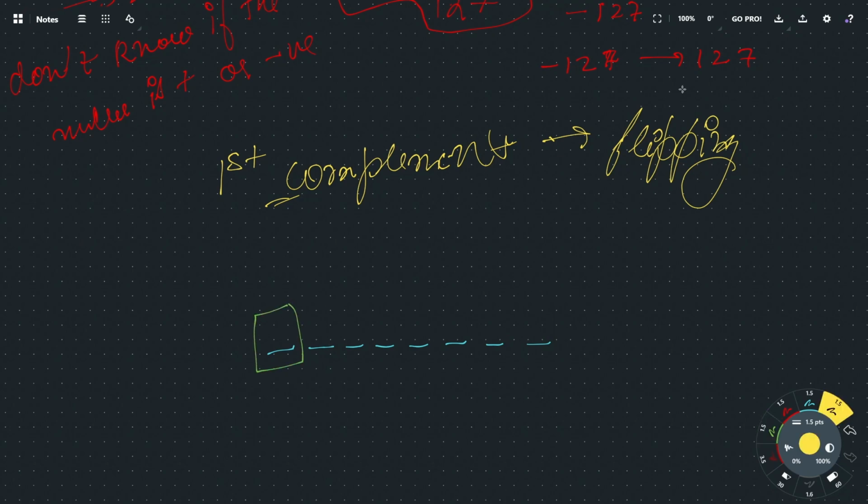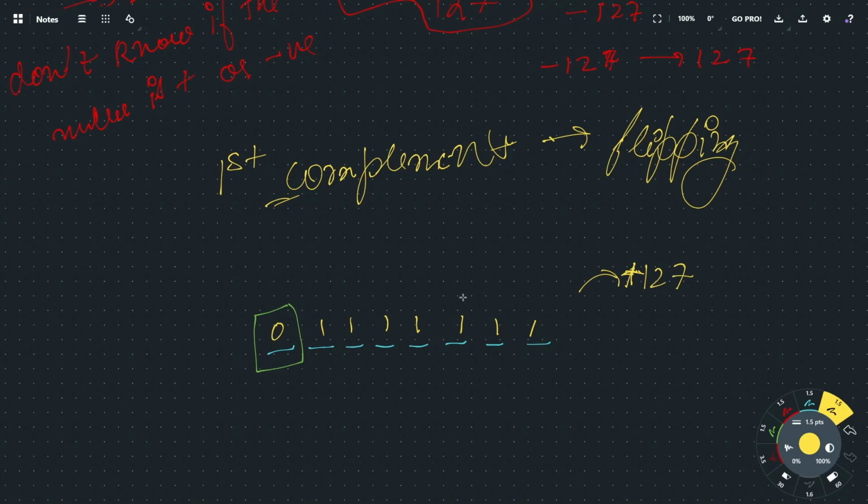So the 127, for example, so this is 127. We haven't yet decided if it's positive or negative. Let's keep it as positive 127.